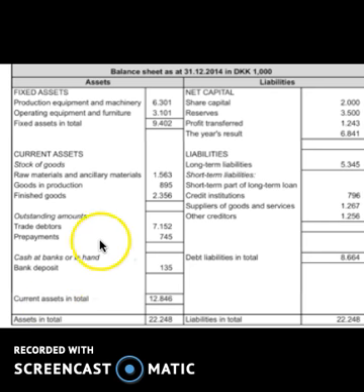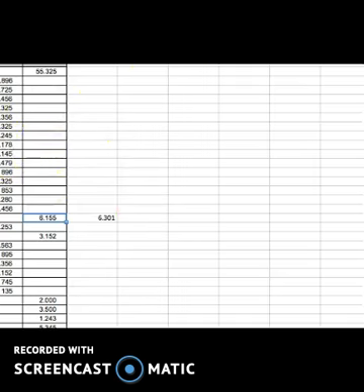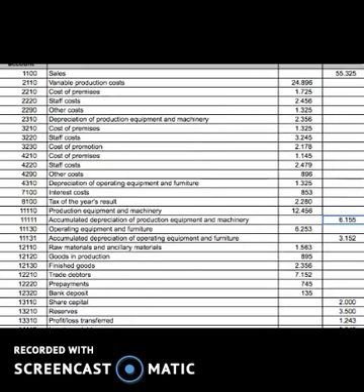Moving along to the balance sheet. In the balance sheet, you see the fixed assets as the first. You see production equipment and operating equipment and furniture, and fixed assets in total. Here again we look at the Excel document. As you see, production equipment and machinery, and accumulated depreciation of equipment and machinery.